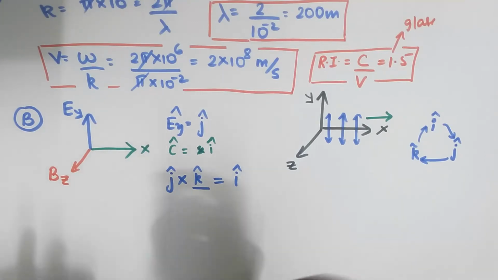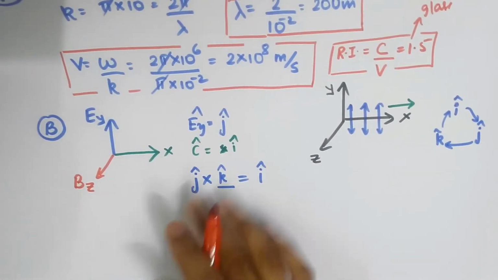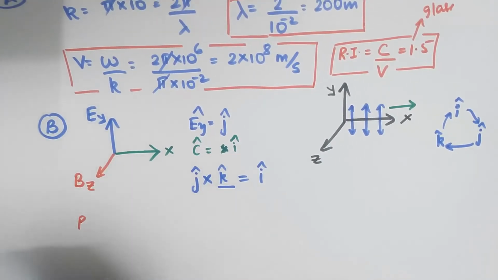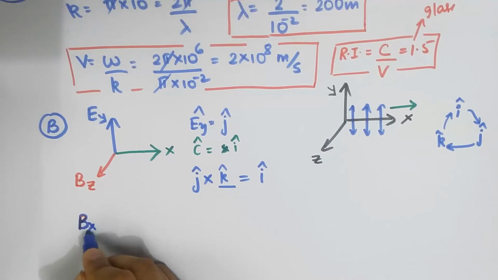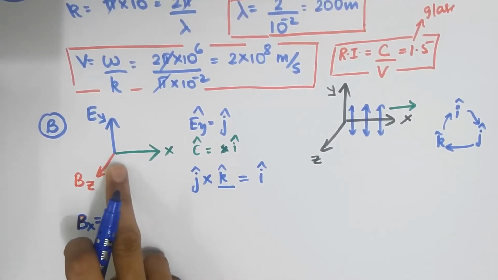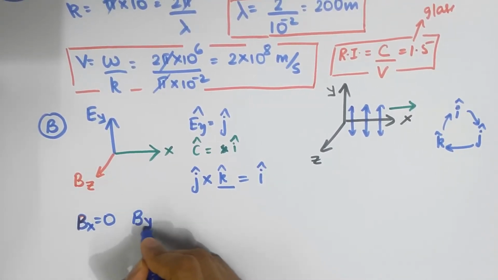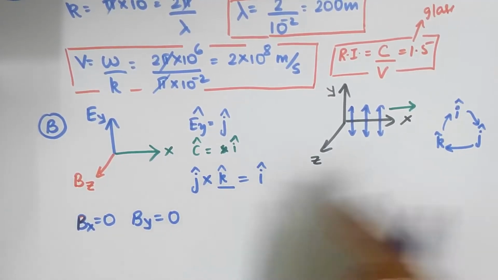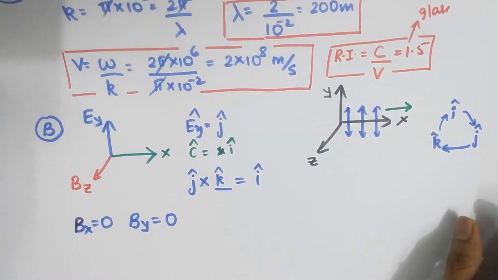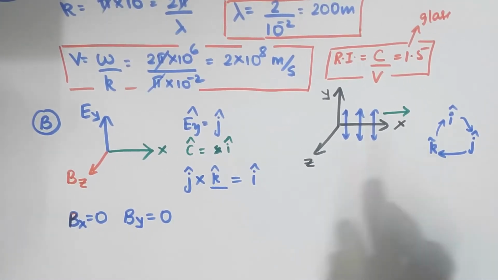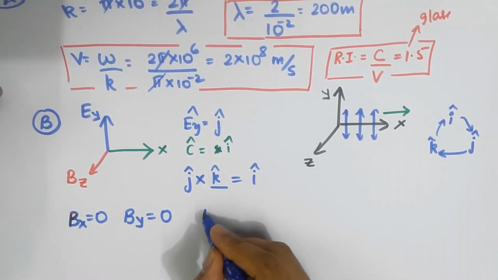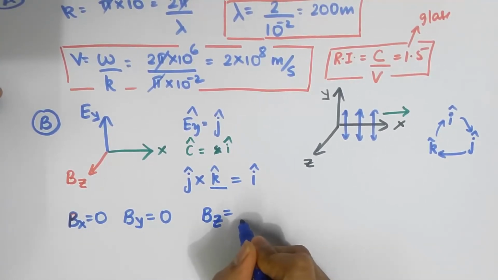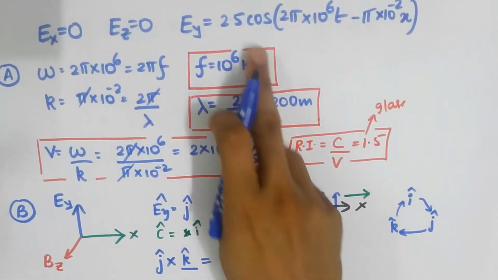From this, we understand that the X component of the magnetic field must be 0. I'm going to use blue to write the answer. So Bx must be 0, and By must also be 0. The question is, what is Bz? Bz is going to be some amplitude, which I don't know, but it should have the same form.